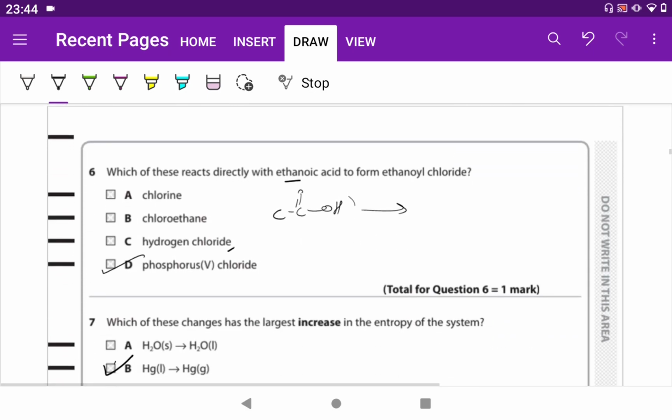Question 6. Which of these reacts directly with ethanoic acid to form ethanoyl chloride? The only one is phosphorus(V) chloride, PCl5, which can convert ethanoic acid to ethanoyl chloride.